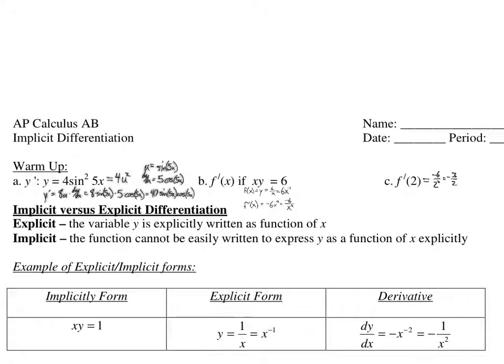Okay? Now, an explicit function is when the variable y is explicitly written as a function of x. In other words, it's y equals something with x's in it. All right? So, what we did with our first one on A up there, y equals 4 sine squared of 5x, that's an explicit function, okay?